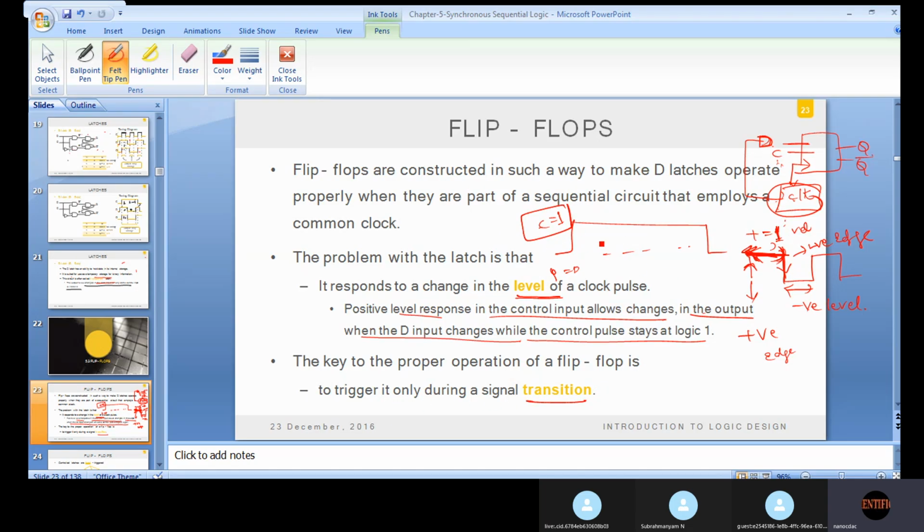Keeping it constantly at 1 is a drawback. Positive level response in the control input allows changes in the output when the D input changes while the control pulse stays at logic 1. That is also not good.